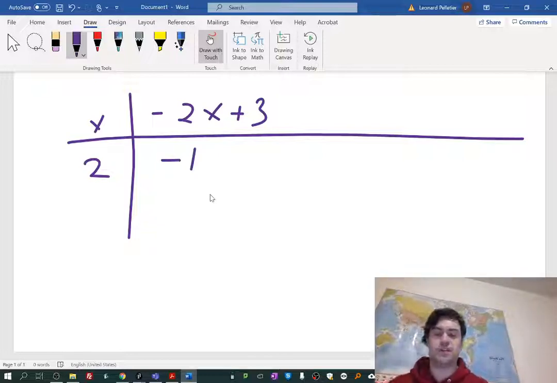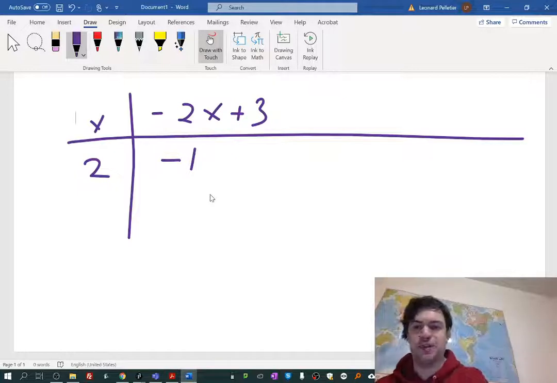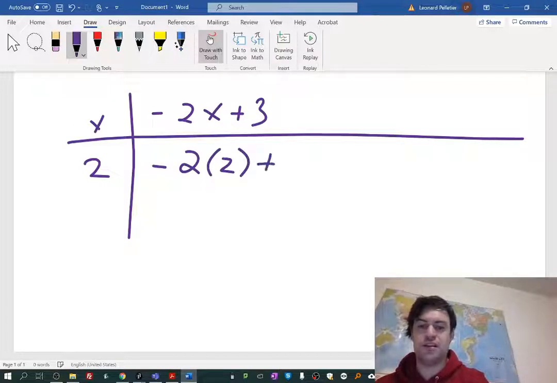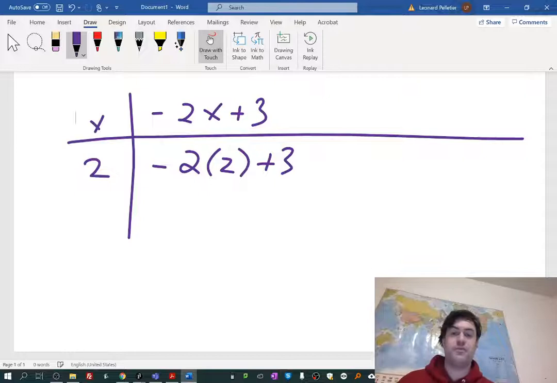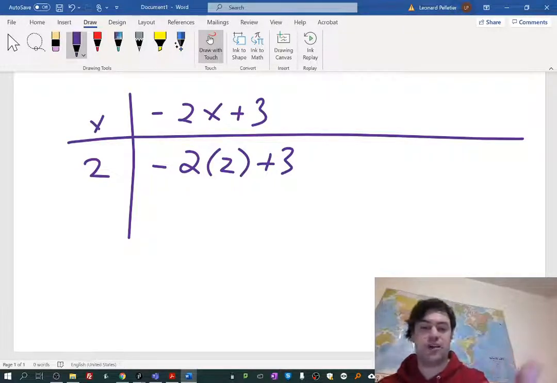I guess maybe I could show you that in 2 steps since we have the room. I know x is 2, so I just plug in x as 2 for this function, and then I just multiply it out, and that's why I get negative 1. Okay, so that equals negative 1.